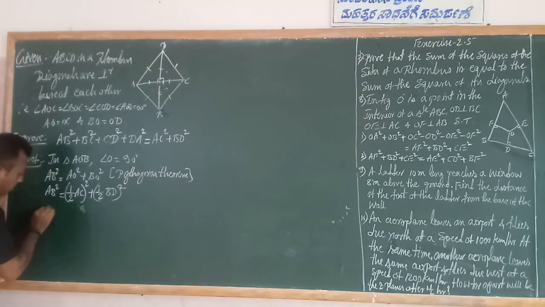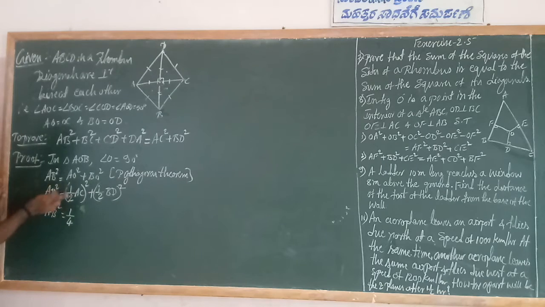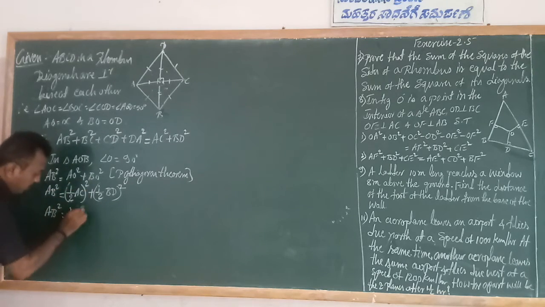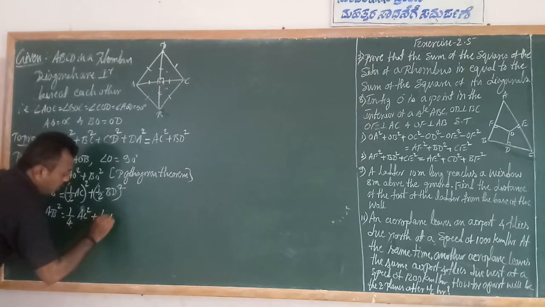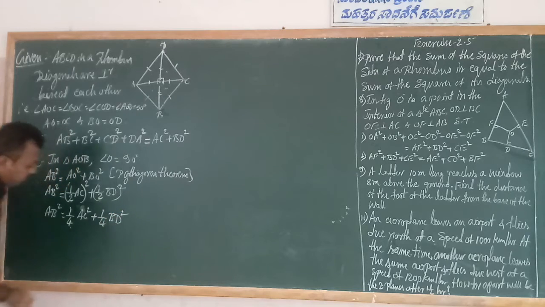Now AB square is equal to half of AC whole square, where the square applies to both the half and AC. So 1 by 2 whole square means 1 by 4, and AC whole square means AC square. Plus, again 1 by 2 whole square means 1 by 4, and BD whole square means BD square.